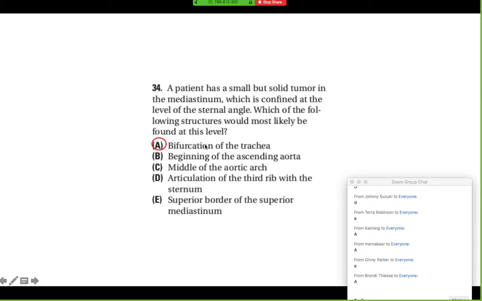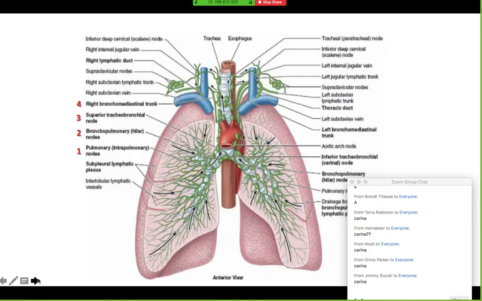And where the trachea bifurcates, what is that also called? Carina, correct. Good job.